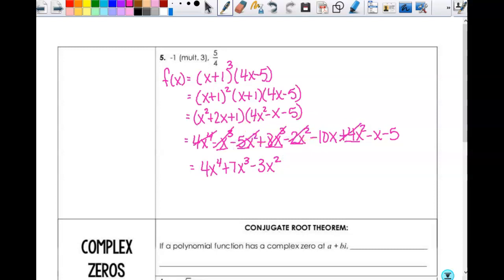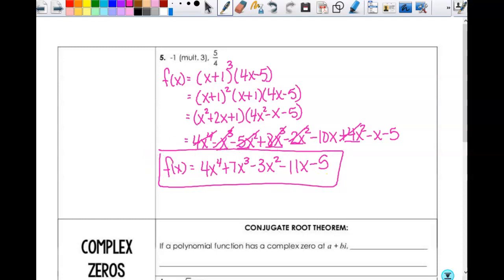And then I have that negative 10x and negative x, which is going to give me negative 11x, and then minus 5. So I end up with 1, 2, 3, 4, 5 terms there. This is my function.